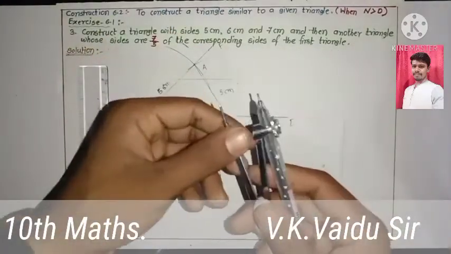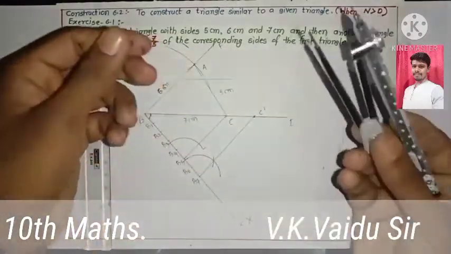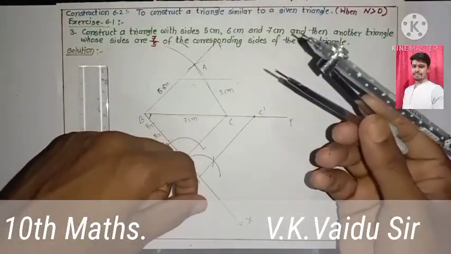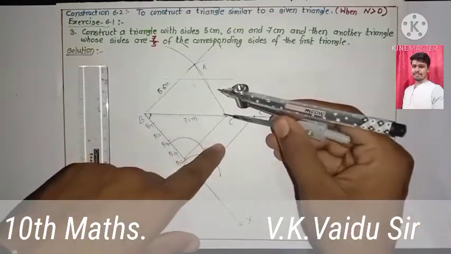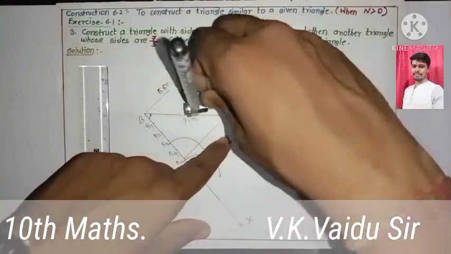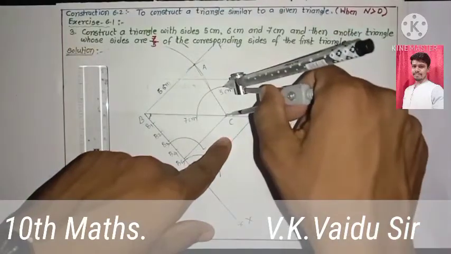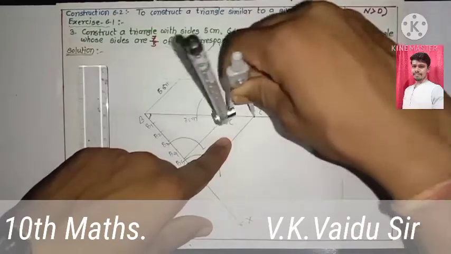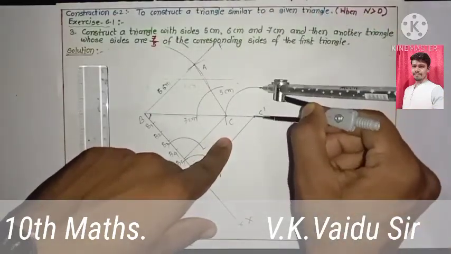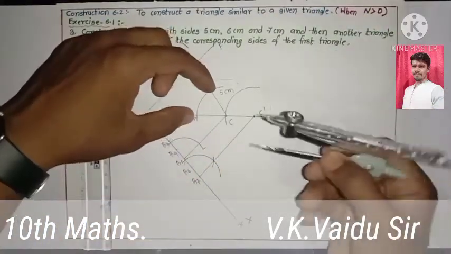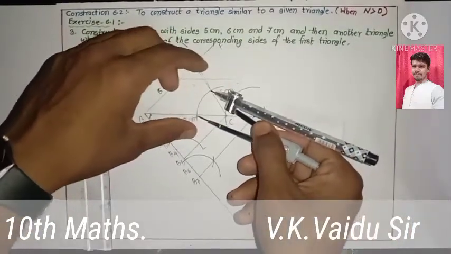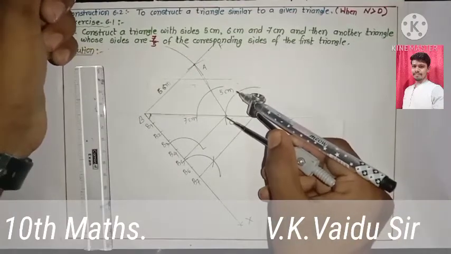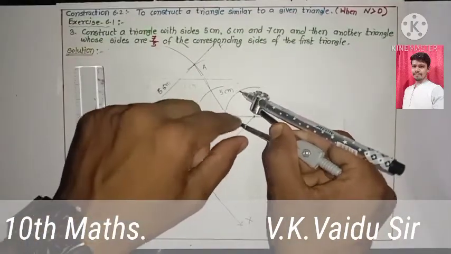The same step in the 10th. Take the same distance in the compass, put the needle on point C and draw one arc, and with the same needle on C dash draw another arc. Where the arcs intersect, take that distance in the compass, put the needle where the arc intersects, and draw one arc.